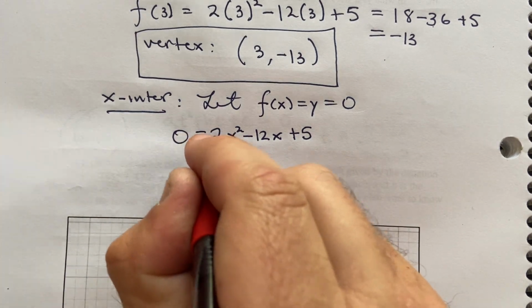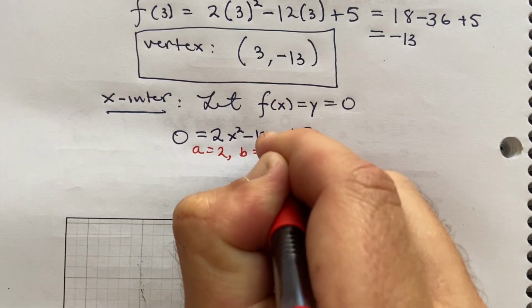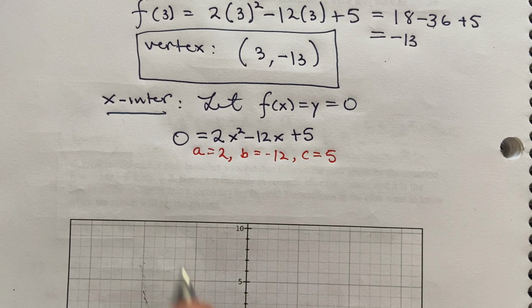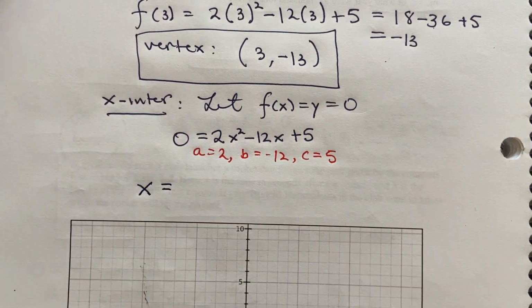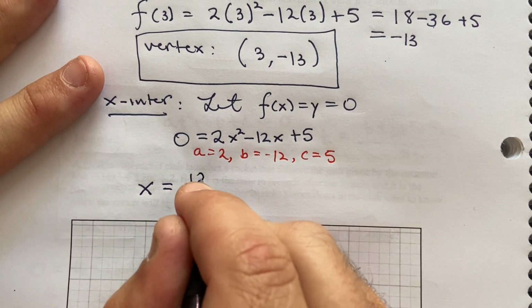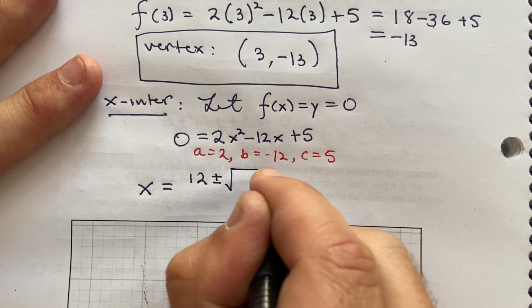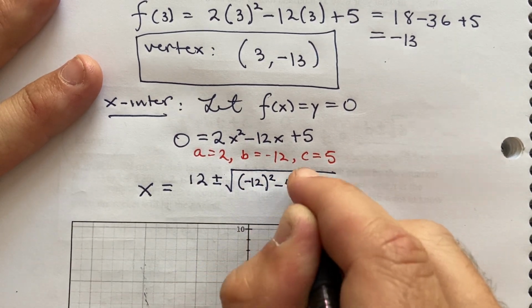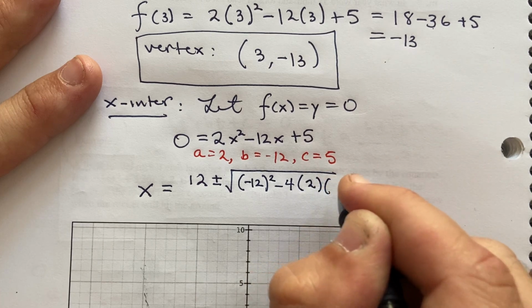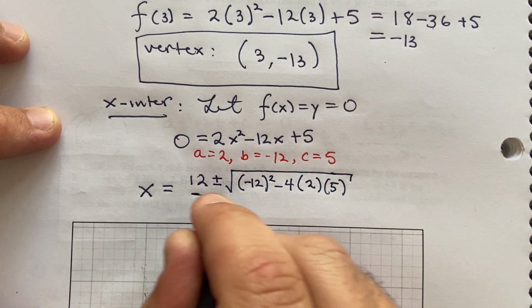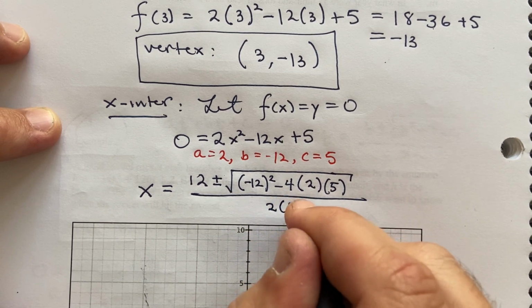So I have a as 2, b is negative 12, and c is 5. So the solutions for our intercepts would be opposite of negative 12, so 12 plus and minus the square root of negative 12 squared minus 4 times 2 times 5, all over 2 times 2.